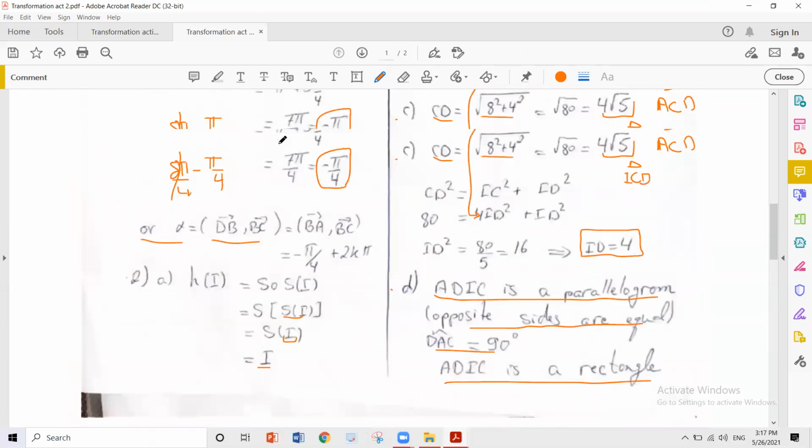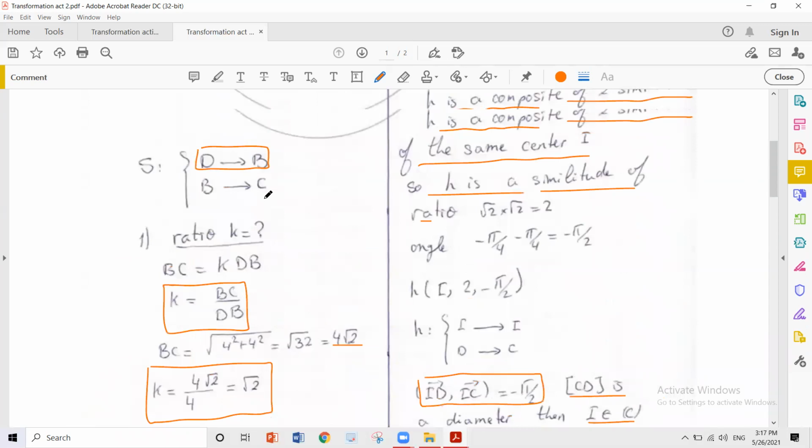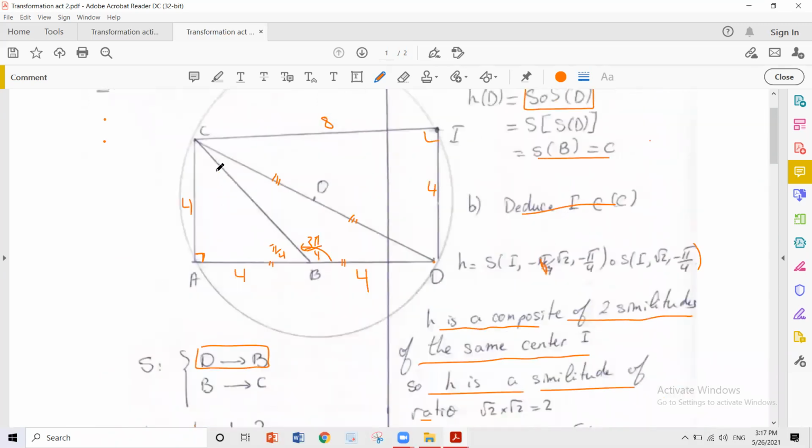In this figure we took the orthonormal system, center is A. This is the orthonormal system. B is 4, C is 4i.